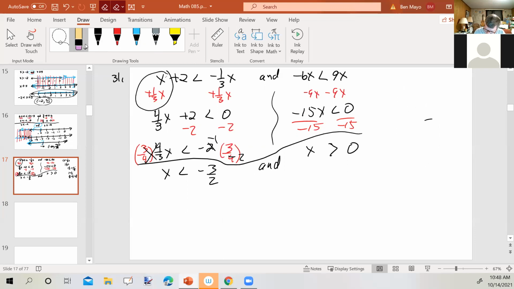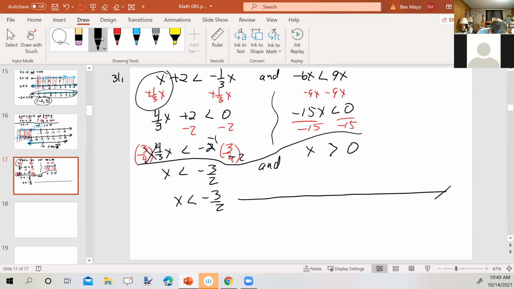But anyway. Okay. So let's graph this. Here's 0, and here's -3/2. So the graph is going to look like this. And then we've got x greater than 0.